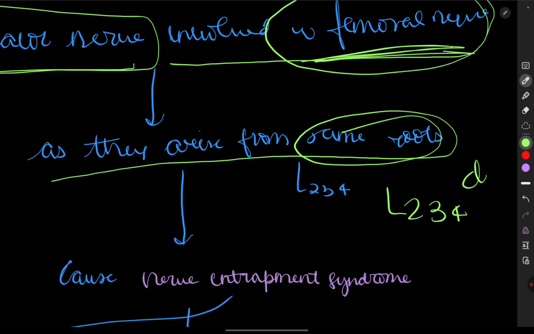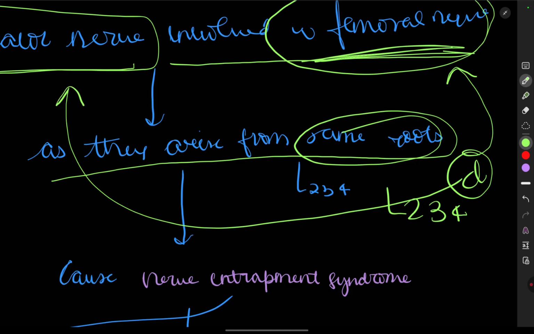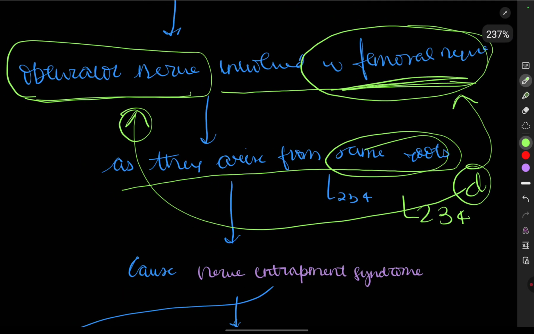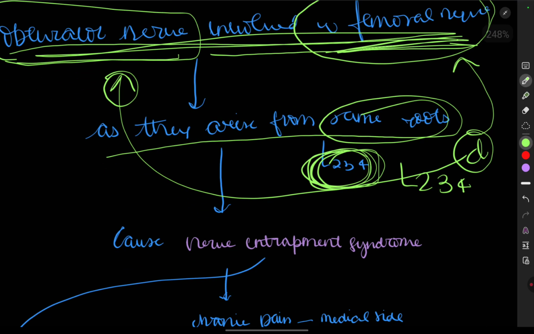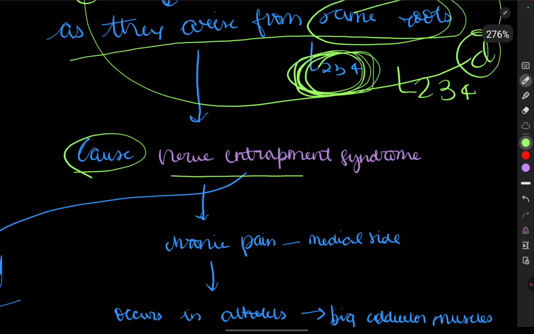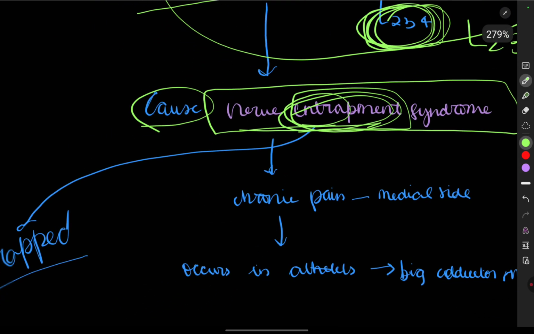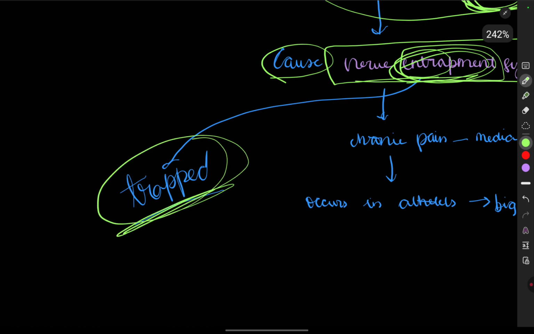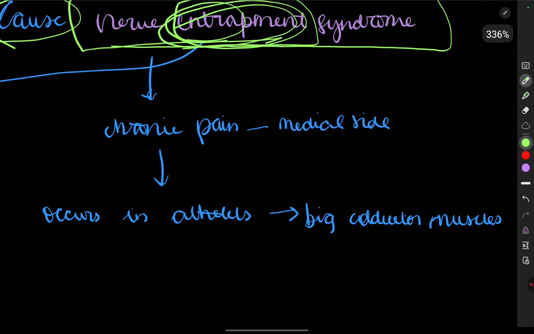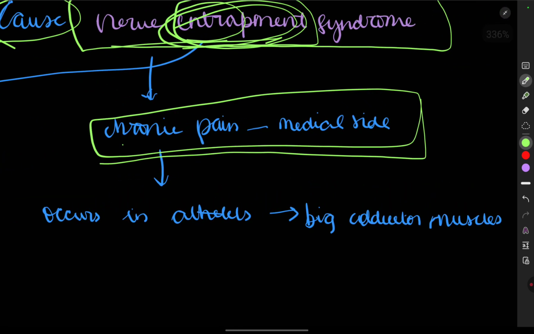The dorsal division forms the femoral nerve and the ventral division forms the obturator nerve. So it causes nerve entrapment syndrome. What do you mean by entrapment? Trapping of the nerve is called entrapment, which causes chronic pain on the medial side of the thigh.